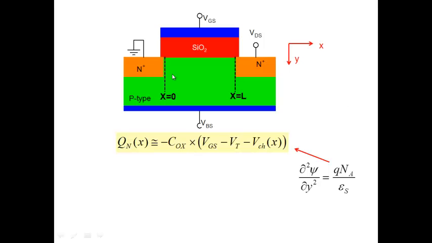But now note that we have voltages which are of course varying in the y direction, and we have applied a drain to source voltage, so voltages are varying in the x direction also. So Poisson's equation is actually two-dimensional in nature, and I should actually use Poisson's equation which is del square psi del x square plus del square psi del y square equal to q Na by epsilon s, because I have variation in potential along the x direction and a variation in potential in the y direction also. So it's a two-dimensional Poisson equation.